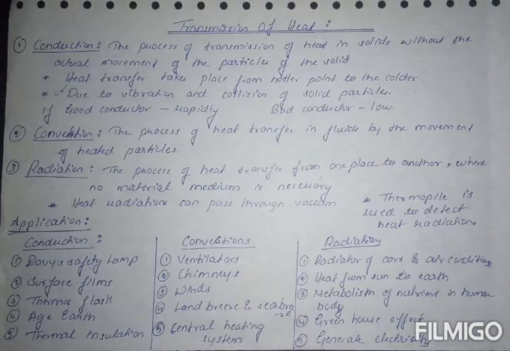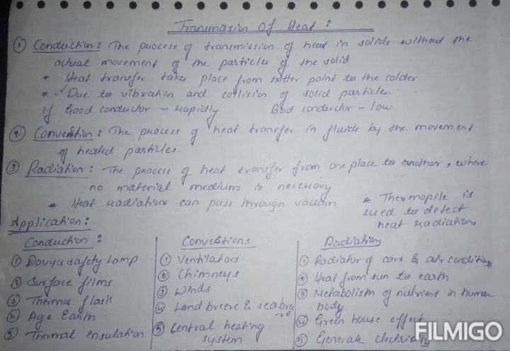Okay. Next, transmission of heat. Here it is of three types: conduction, convection and radiation. First one, what do you mean by conduction? The process of transmission of heat in solids without the actual movement of particles of a solid.